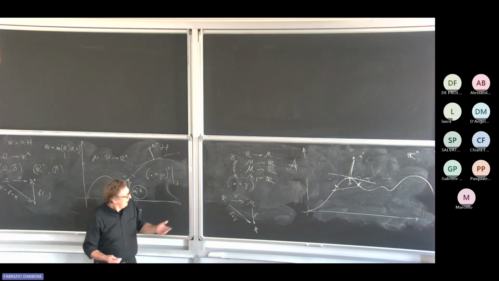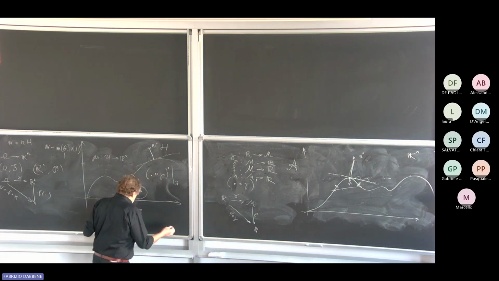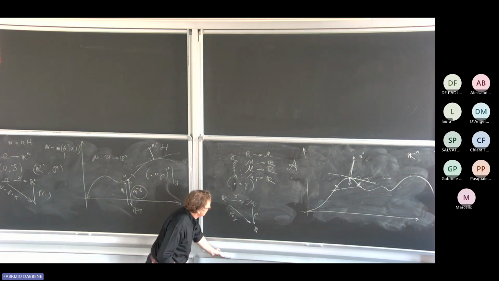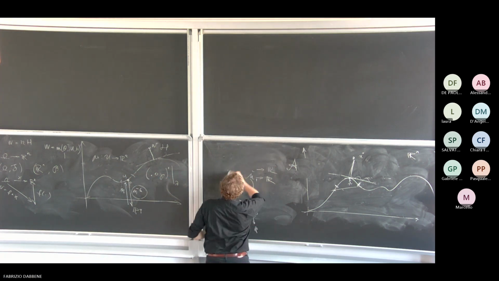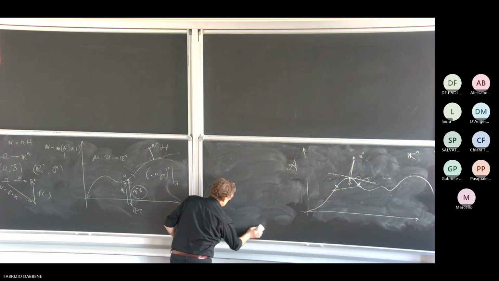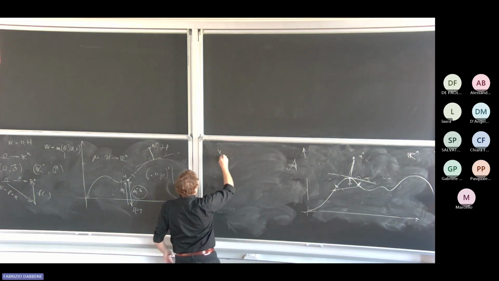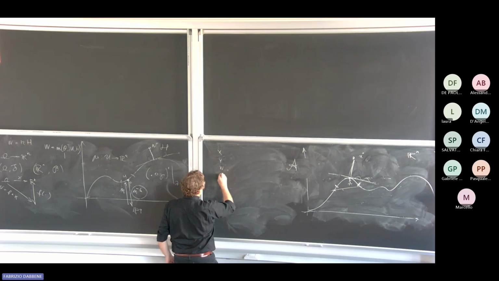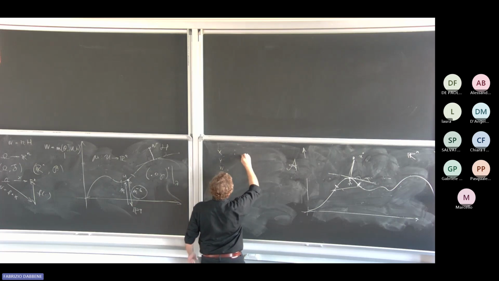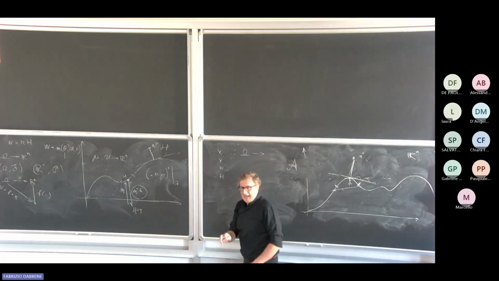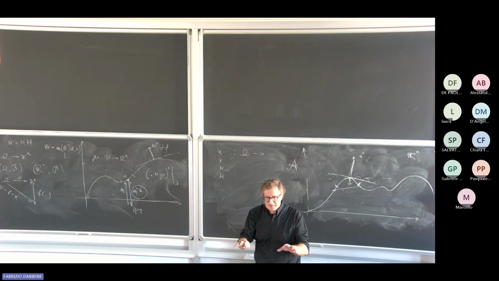So I have, by definition, random variables. I have X, Y, W, H, whatever. They're all random variables defined on some sample space, and the sample space here is you guys.